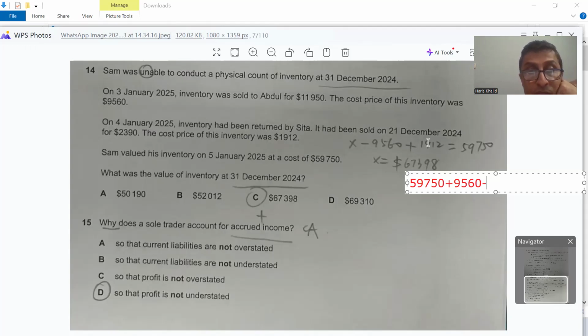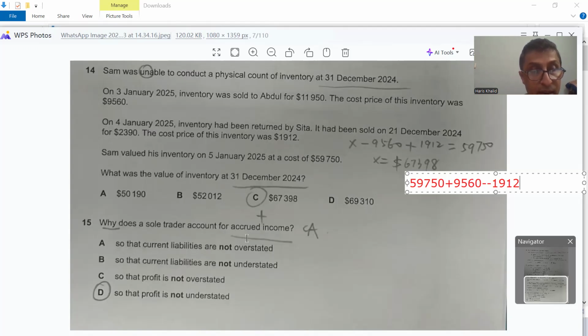It had been sold on 21st December 2024. The cost price of this inventory is 1912. So there is a sales return, but that inventory was returned to us on 4th January. On 31st December, it was not returned. It has already been added in the 59750 of 5th January, whereas it was not a part of the inventory on 31st December. So we need to subtract it. Minus 1912, we will get the answer 67398. So C is going to be the answer.